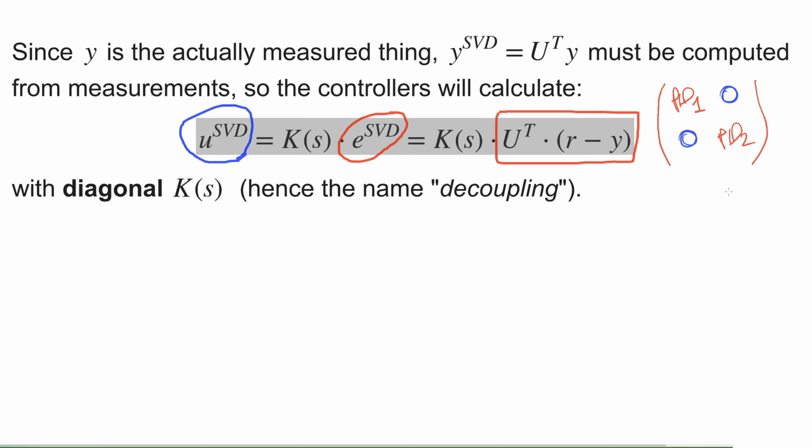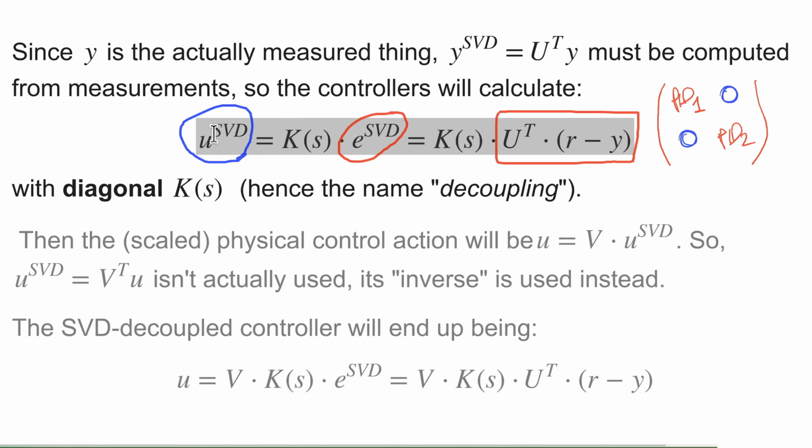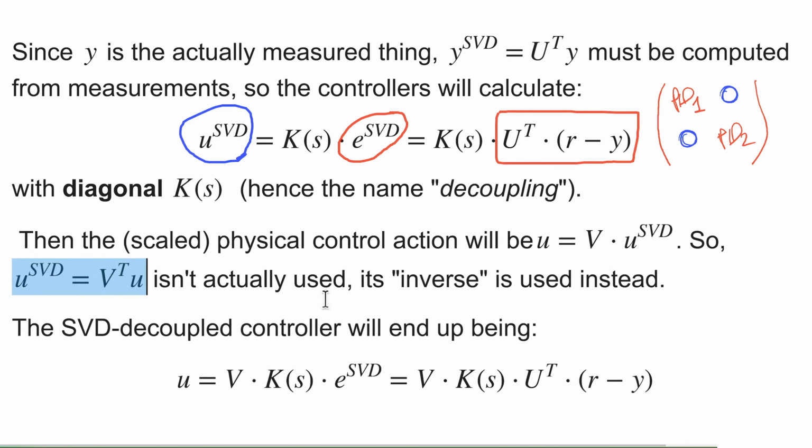K of S is a diagonal controller, and once I have USVD, I will not use this change of variable as I warned you before, but I will actually use this one. I will transform from principal maneuver coordinates USVD to physical coordinates U by multiplying by matrix V. So even if this was helpful for getting the idea on the change of variable, the one we are going to actually implement in our control design code will be this one.